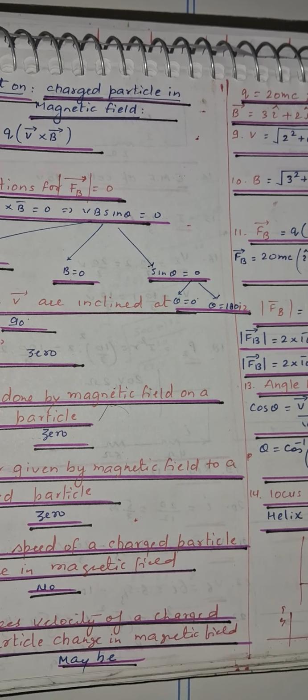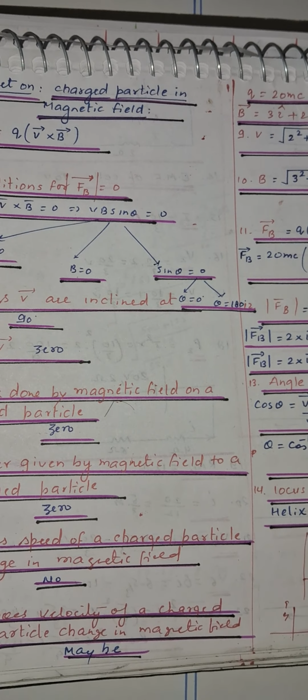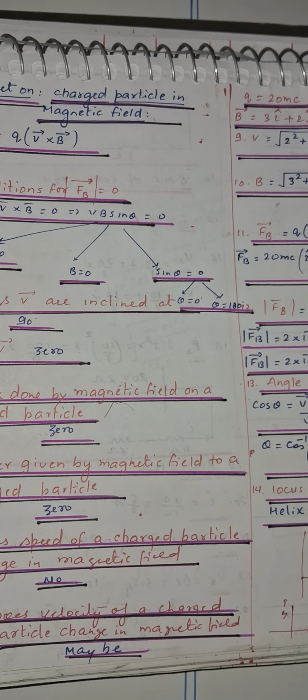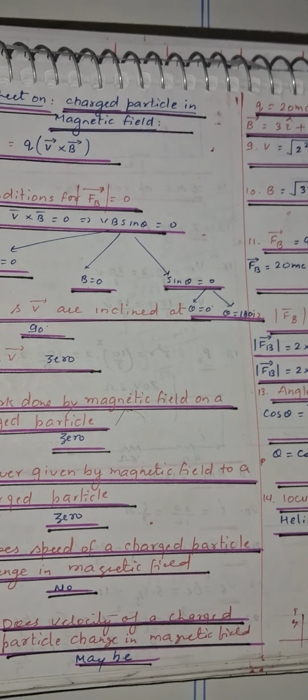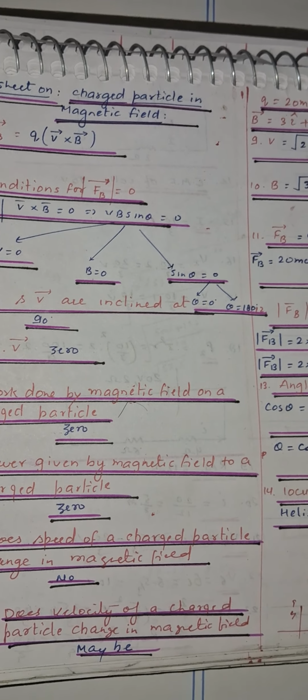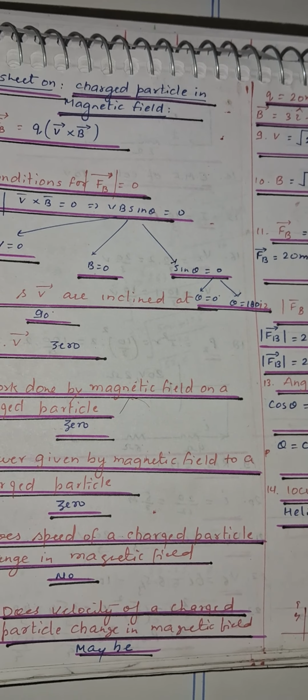So in two special cases, when velocity is either parallel or anti-parallel to the magnetic field, there will be no change in velocity. In all other cases, velocity will change. So in general, we can say that velocity will change, but two special cases arise where velocity may not change, hence the word may is used here.